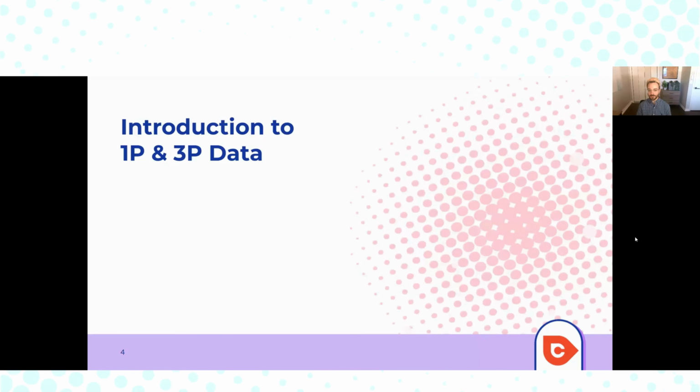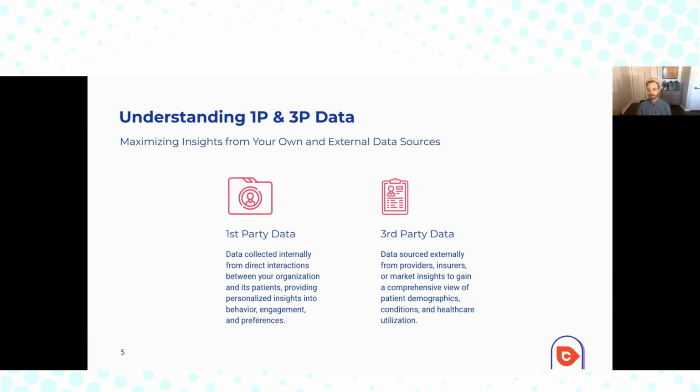So let's talk about the introduction to first-party and third-party data. To give some definitions to these 2 terms, when we talk about first-party data, really what we're talking about is data that your organization is already collecting and owning, either based off of interactions with your current patients or potential patients.